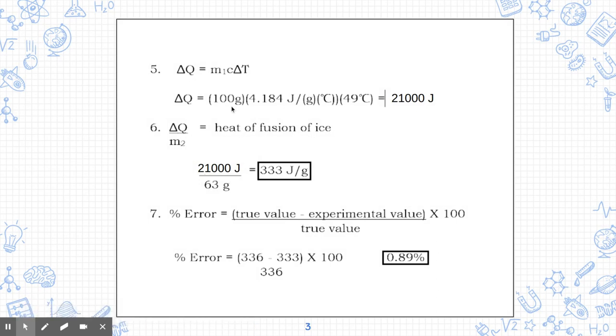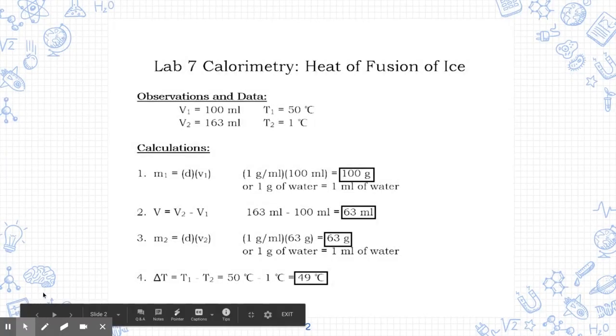In the pre-lab, they specifically told us what our specific heat is, and that means we're going to be measuring in joules. So we want to be using 4.184 joules over grams times degrees Celsius instead of the 1 calorie. So again, we use 4.184 joules over grams times degrees Celsius, times your change in temperature. Your change in temperature was what you calculated in number 4.